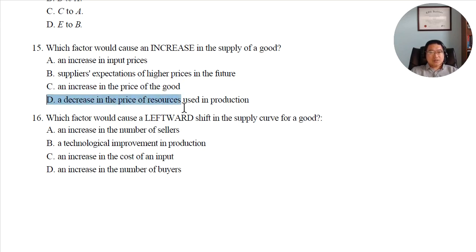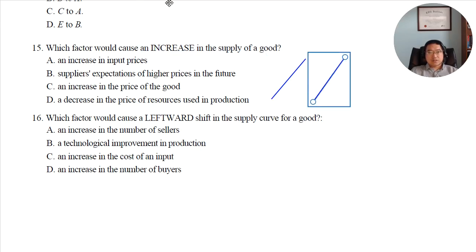D, a decrease in the price of resources used in production, and that is one factor that can increase the supply of a good. It will shift, do this kind of shift, right? The supply curve shifts to the right, shifts to the right. That's what we are talking about. Or like that, okay?